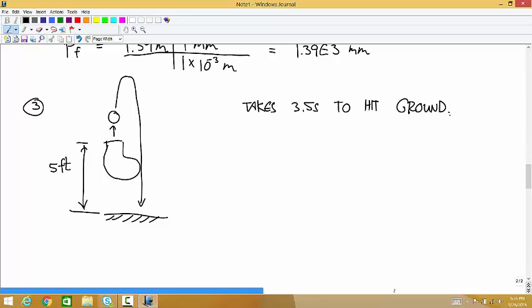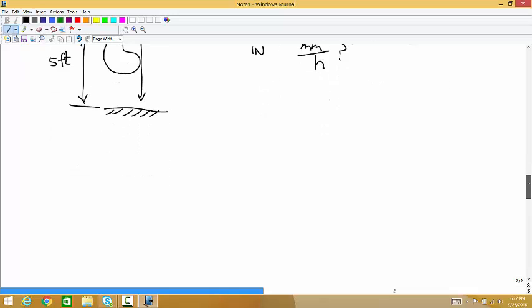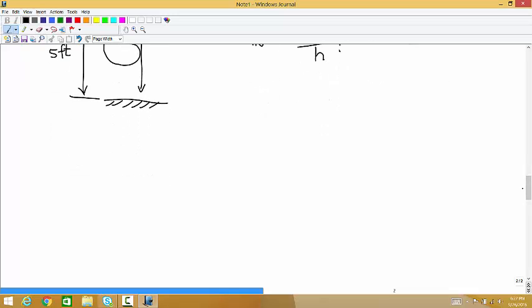And we want to know the velocity of the object at the instant it's launched. So what's the velocity at the launch? And we want it in millimeters per hour. So set up the 4 things.